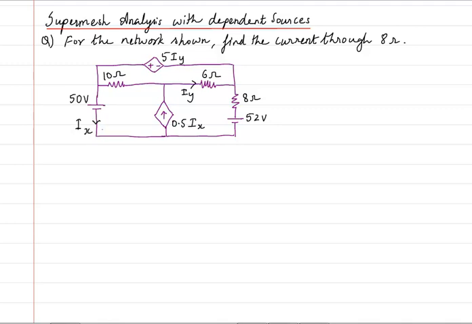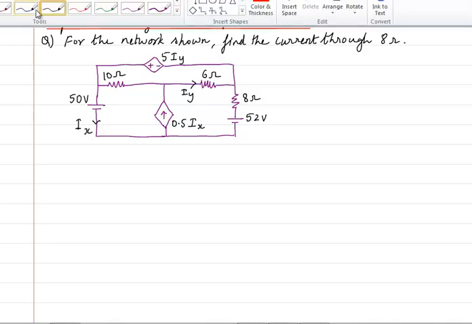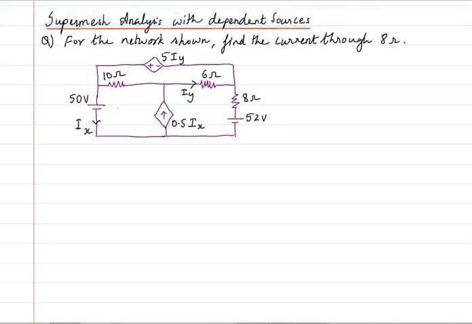Now what we have to do is mark the currents that we are going to use for our problem solving. So let me mark this as I1, let me mark this as I2, and let me mark this as I3.